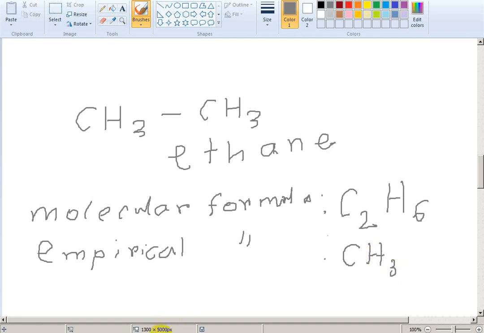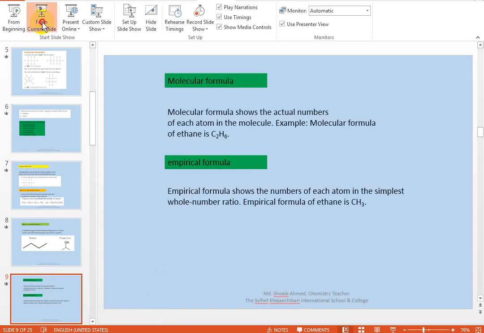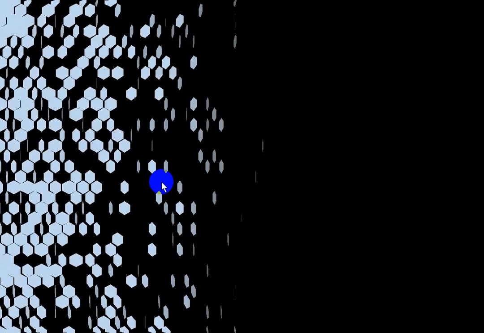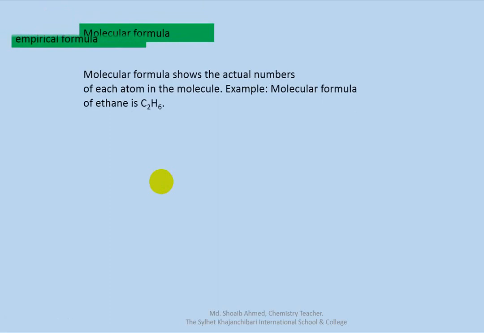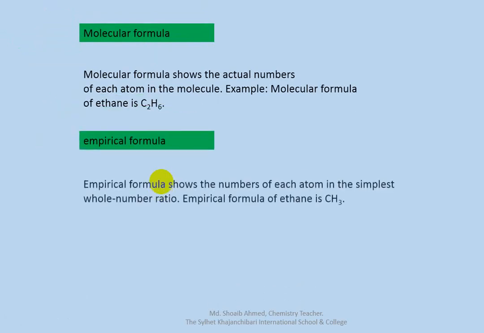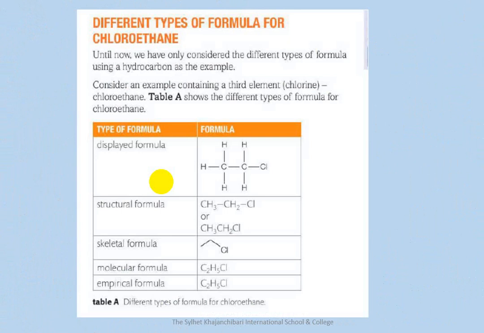Okay, next topic. This is the displayed formula of chloroethane. Structural formula: CH3, this carbon has 3 hydrogens, this carbon has 2 hydrogens and chlorine.